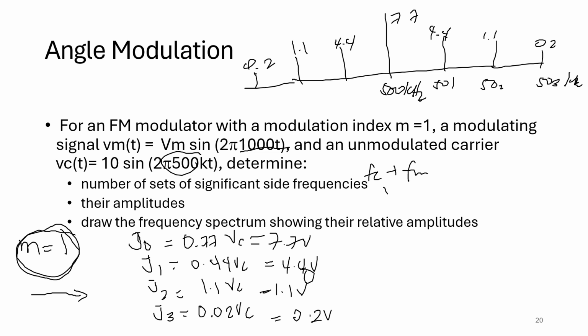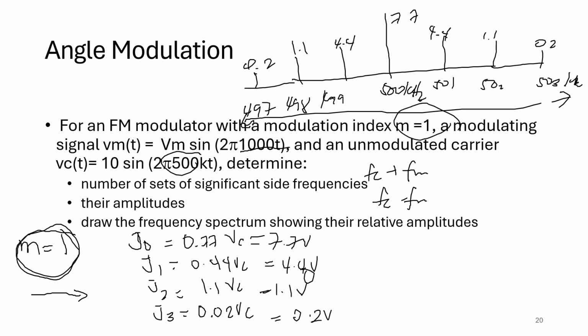Likewise, this is FC minus FM, so this gives us 499, 498, and 497. This is the spectrum for our FM with a modulation index equivalent to 1.